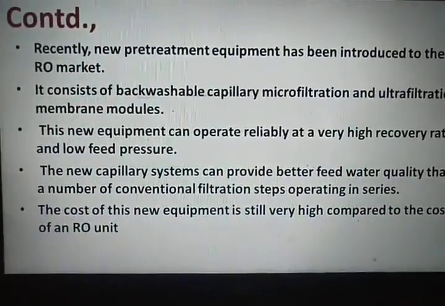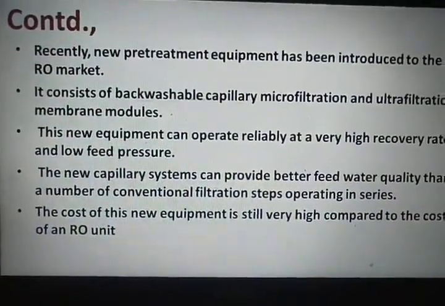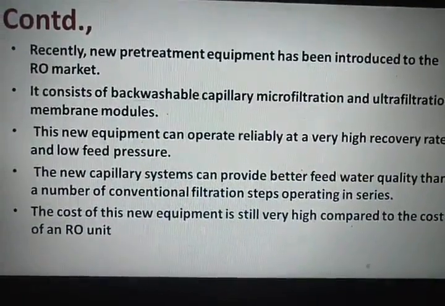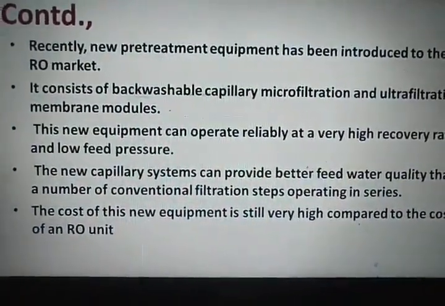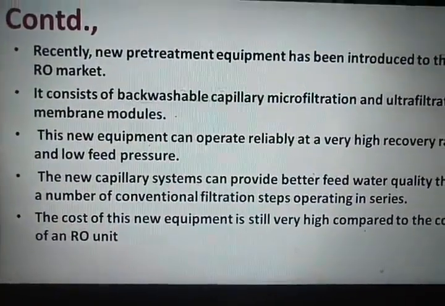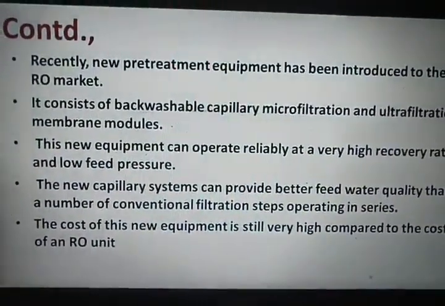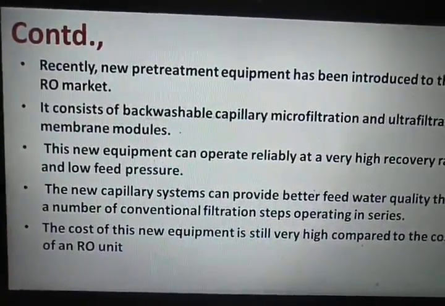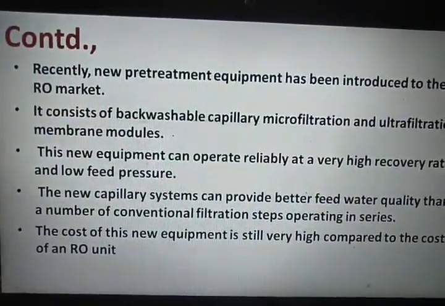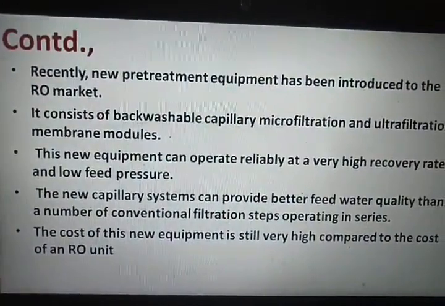But this equipment cost is still very high compared to the cost of an RO unit itself. That's why careful consideration has to be made before adopting this technology, but under unavoidable situations we can use this technology for pre-treatment of the water.